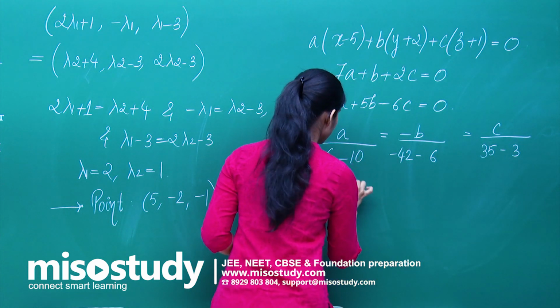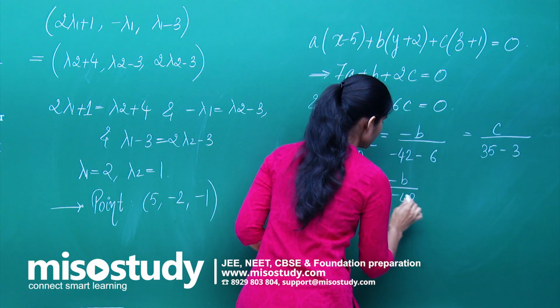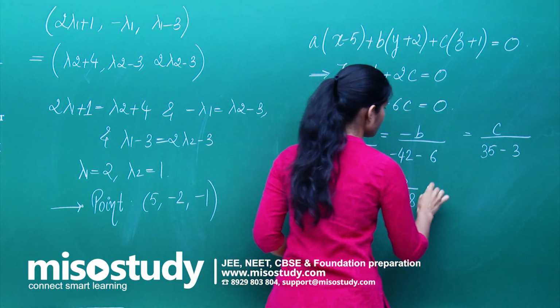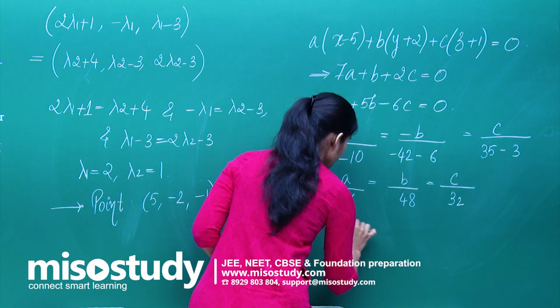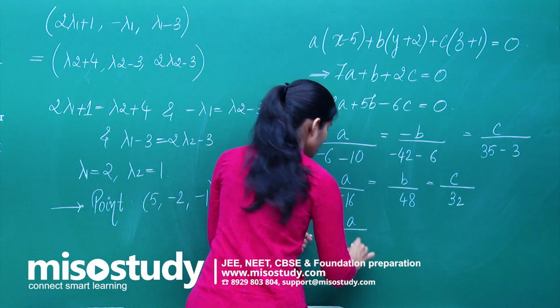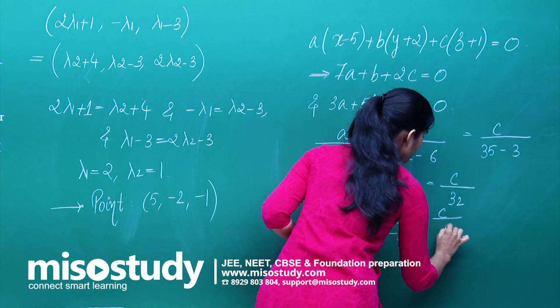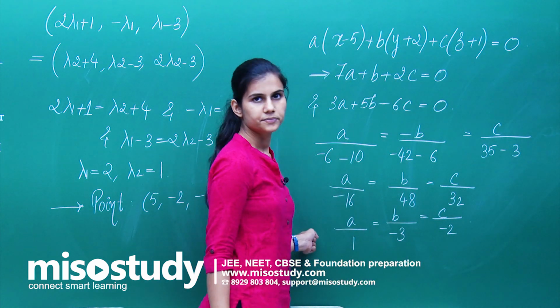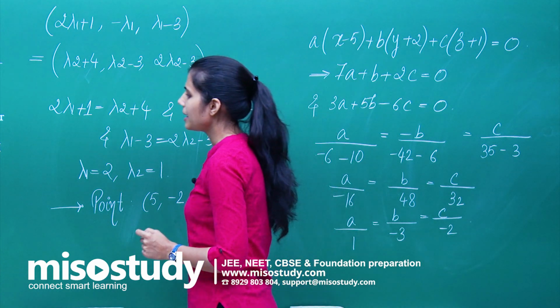So you basically get a upon minus 16 equals minus b upon minus 48, which eventually gives you b upon 48 equals c upon 32. So from here you get a upon 1 equals b upon minus 3 equals c upon minus 2. Fine. So you are getting a is 1, b is minus 3, c is minus 2.